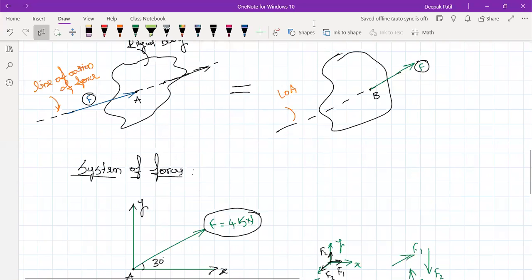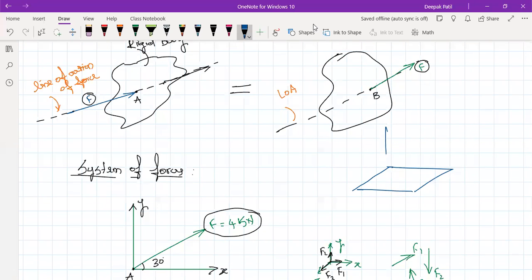I will draw one plane here, and one more plane here. Can you imagine this in 3D form?